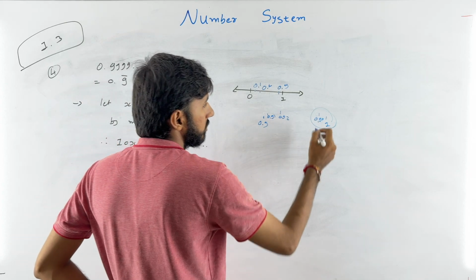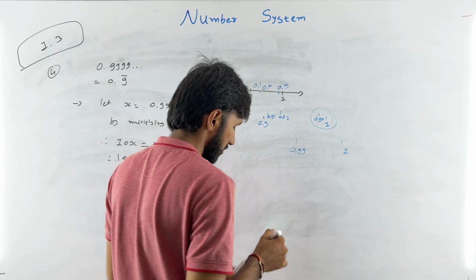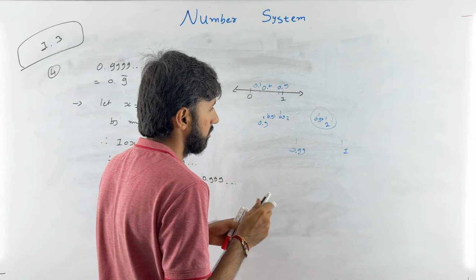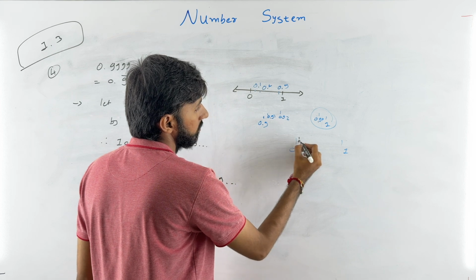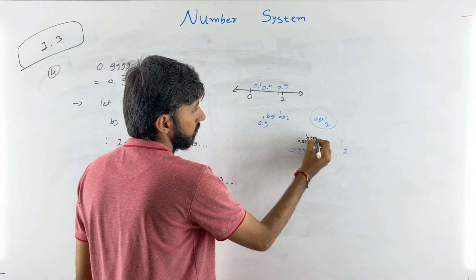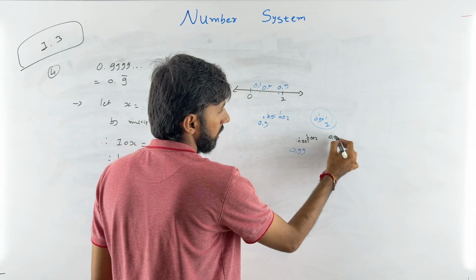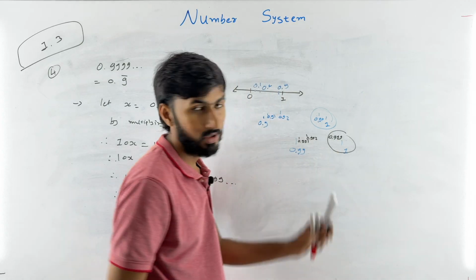Now again if I zoom in on this section, here I have 1, here I have 0.99. If I start writing numbers between these two numbers, like 0.991, 0.992, up to 0.999. Now again I zoom in on this number.